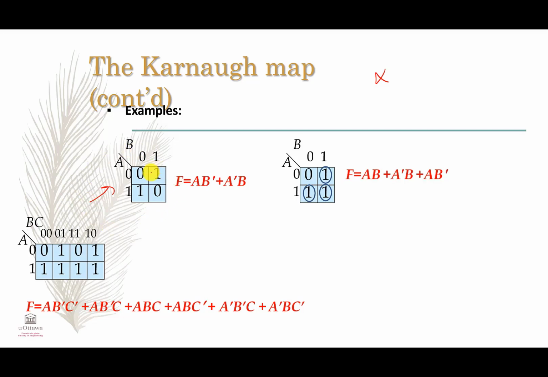Now the question you have to ask yourself is how to cover all the ones in the Karnaugh map using the largest groupings, the largest rectangles, and as few rectangles as we can. Please note that the grouping has to be done in terms of 2 to the power n.